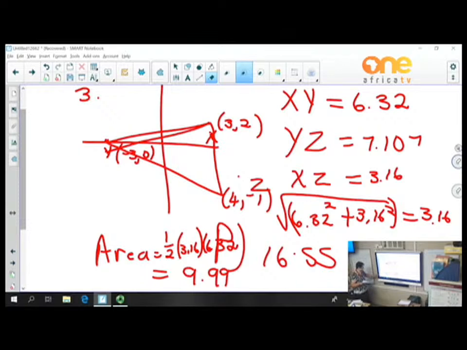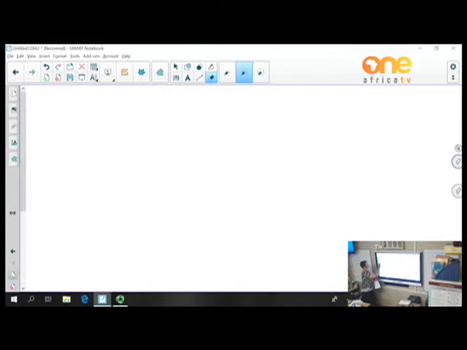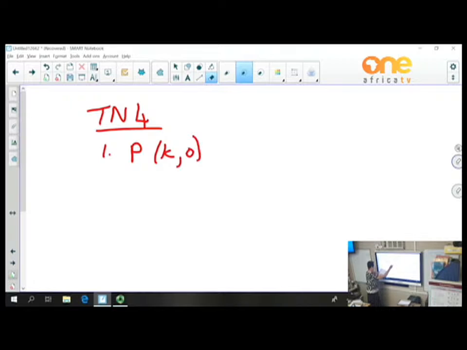Right, now, let's look now at try now 4. So it's still coordinate geometry, and we're still just looking for that first one. We're going to do the second formula today. The distance between P, which is the point K0, and Q, which is the point 0K, is equal to 10.